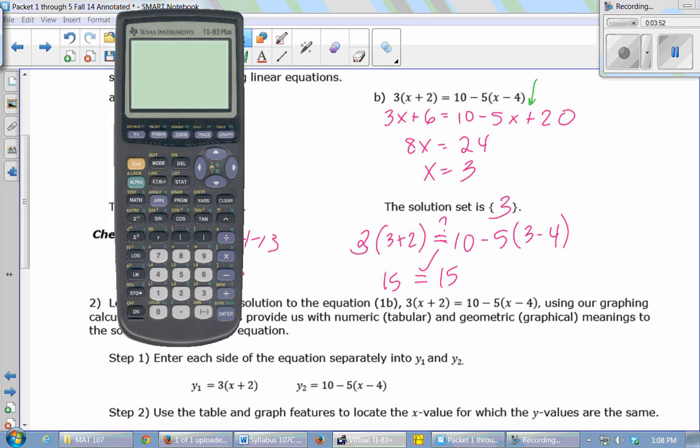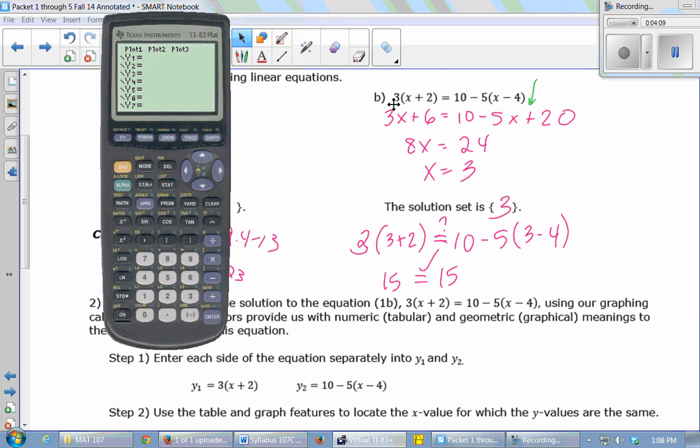Okay, so step 1, we're going to enter each side of the equation separately into y1 and y2 of the graphing calculator. So basically, I'm going to graph 2 lines. Clear what's in here. I'm going to graph y1 is the left side of this equation, 3 times x plus 2.